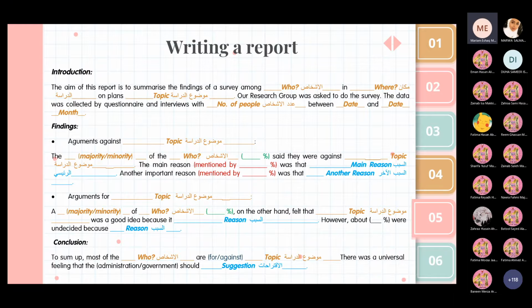So suggestions, the suggestion that you're gonna write at the end is based on the study itself. Like what is the conclusion? Did everyone say they were against, or did most people say they were for? Write in the chat. The quickest person who writes in the chat.